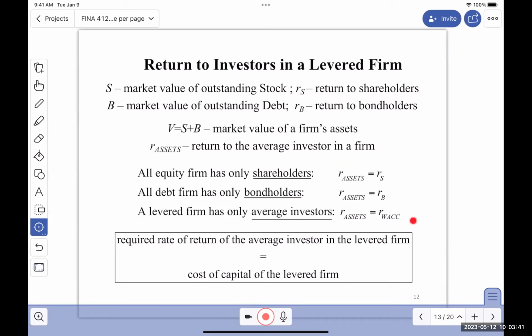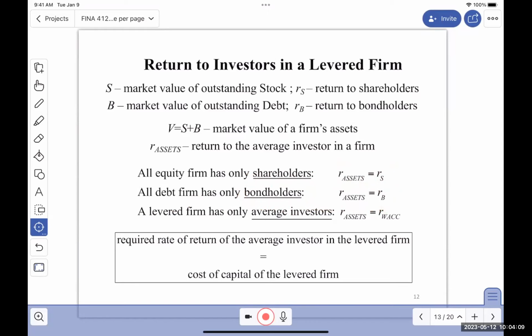So we have now arrived at WACC. I've got you to this point where, if you have an all equity firm, the return to assets is just the return to shareholders because all the investors in the firm are shareholders. If you have an all debt financed firm, the investors are only bondholders, so the return to assets is only RB.